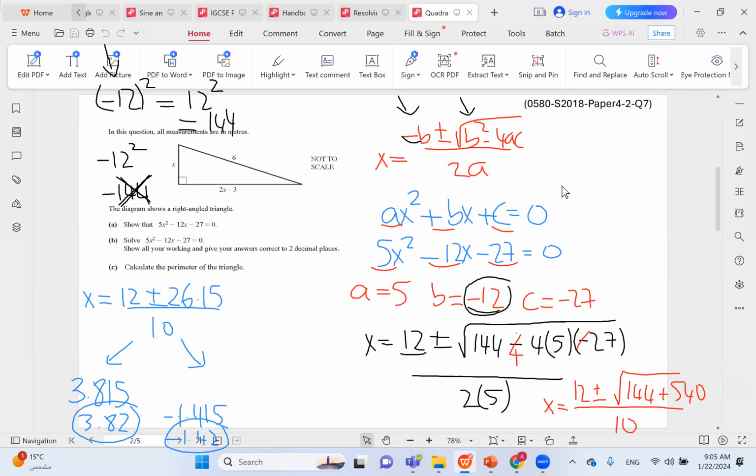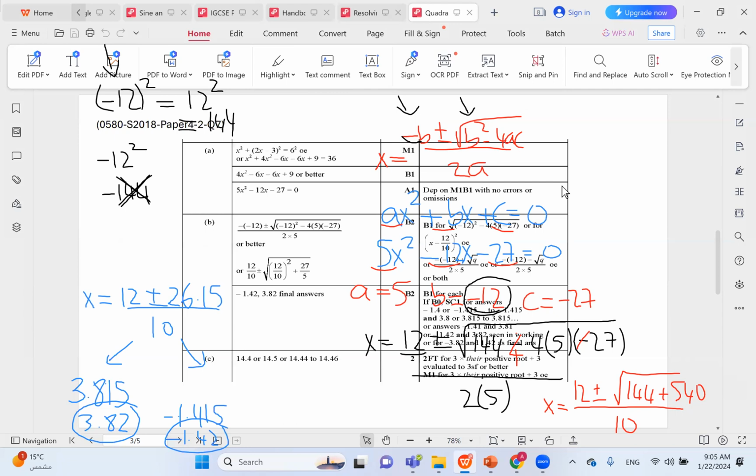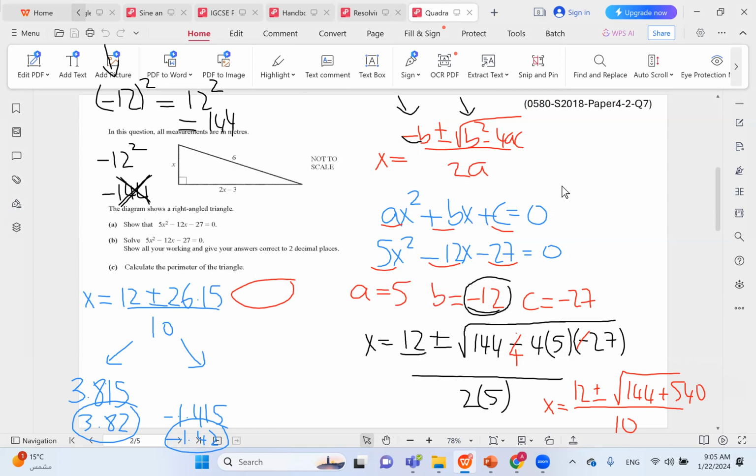I would suggest we check the marking scheme to make sure we are on the right track, and luckily we are. So these are the final answers here, 3.82 and negative 1.42. So let's go back and just write the final answers to clear some space.